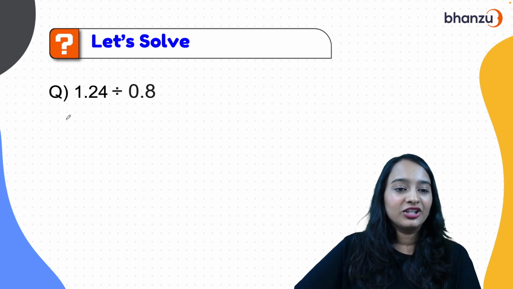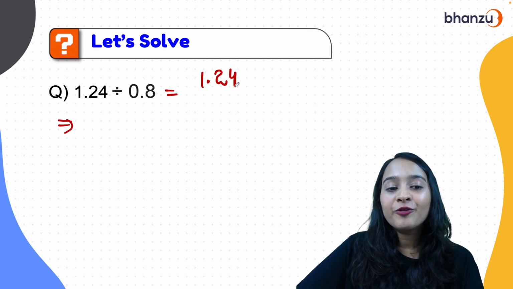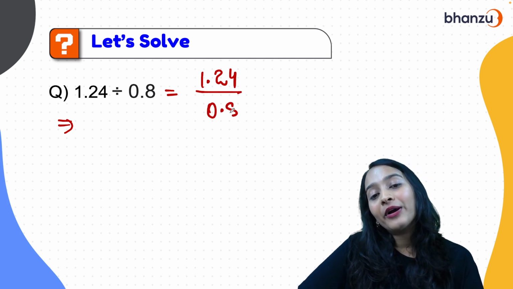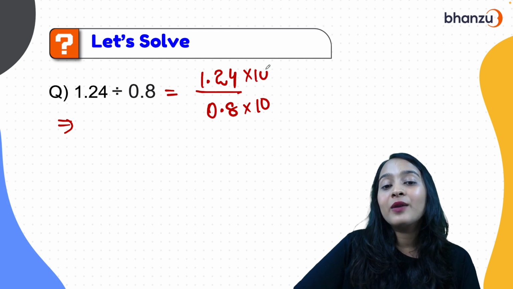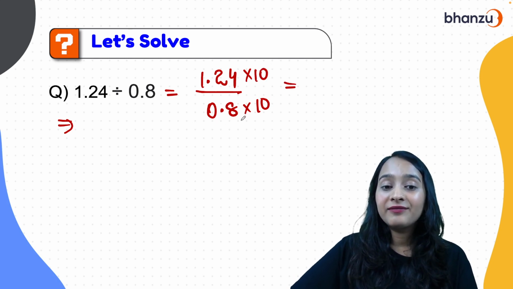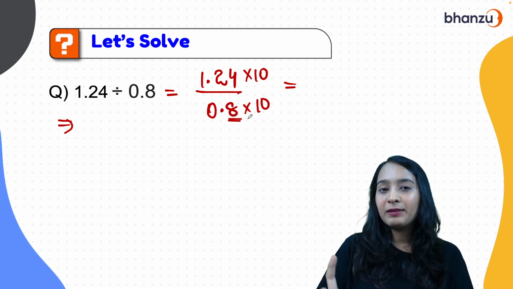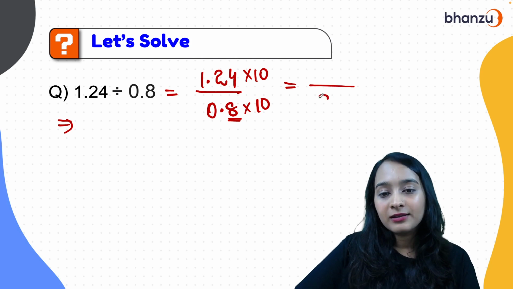Alright, chalo. So 1.24 divided by 0.8. So what do we do here? We multiply by 10. Why? Because in the denominator, we only have one digit after the decimal point and we have to remove that and make it a whole number. So this will become 8.